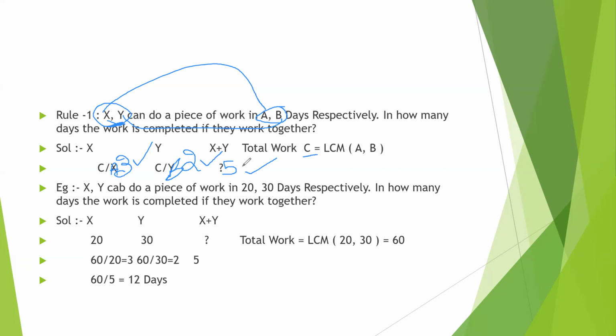Since we have the total work, the number of days is the total work divided by the units per day, which is 3 divided by 5.